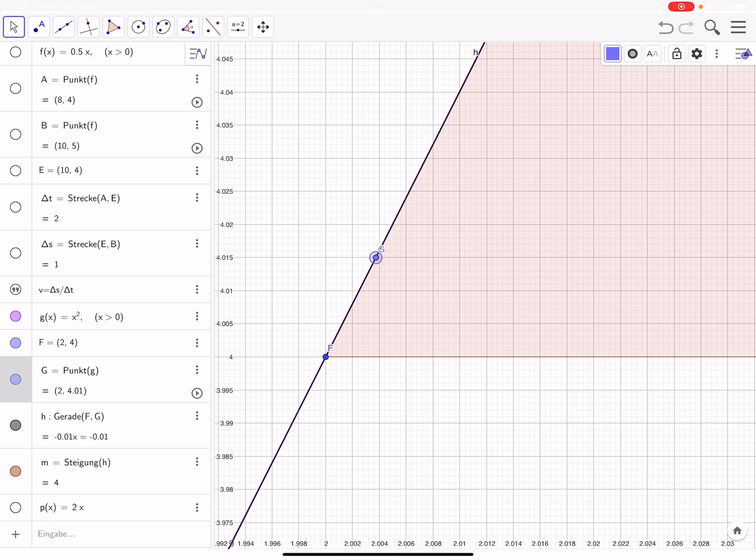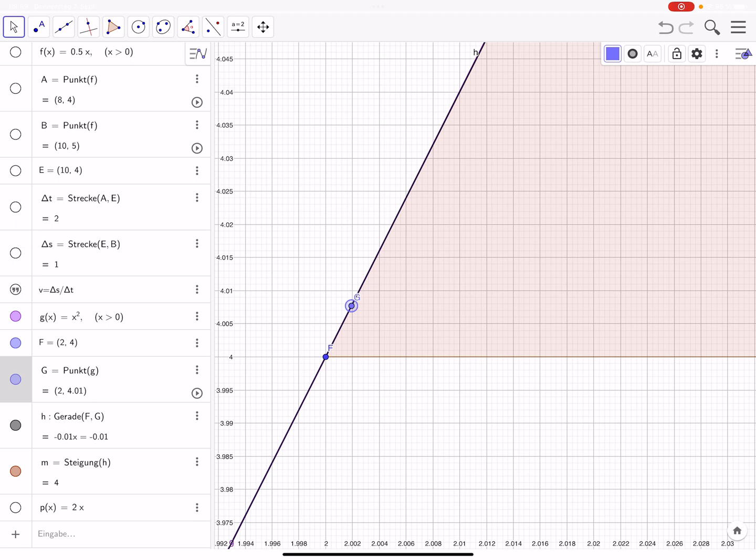And if we go towards the point F even further, it says here already the slope is 4. And now I explain that formula in the script where I say velocity v of the momentary speed is the limit of delta t going towards 0.